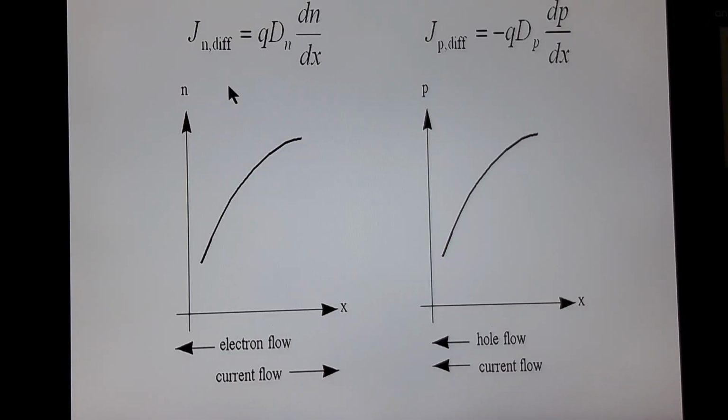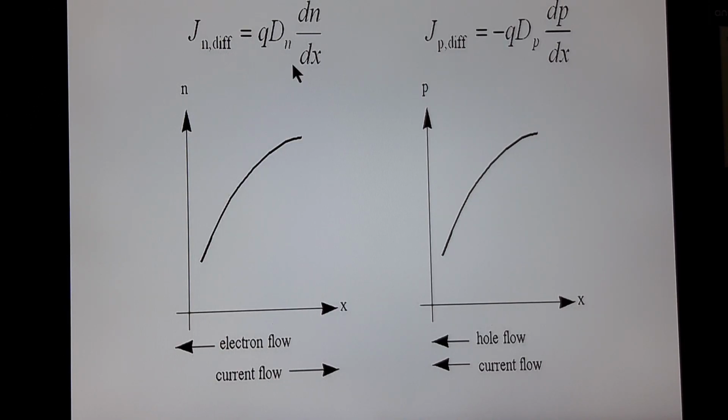Now, about the value of diffusion current for both electrons and holes, we know that the diffusion current is directly proportional to the concentration gradient dn/dx or dp/dx. Here Dn and Dp are the proportionality constants, defined as the diffusion coefficients for electrons and holes.